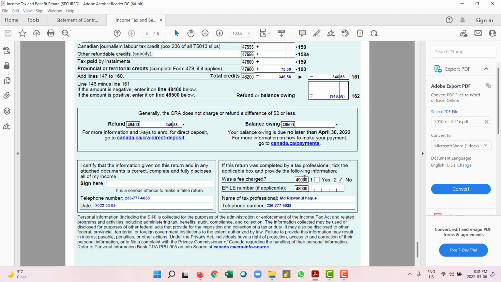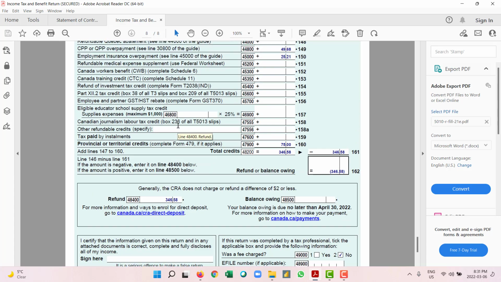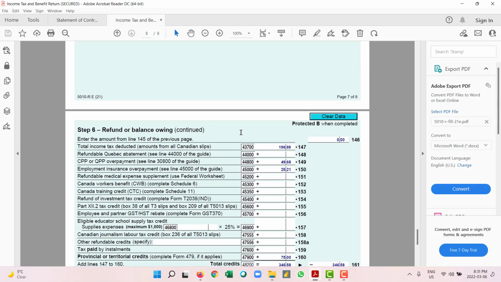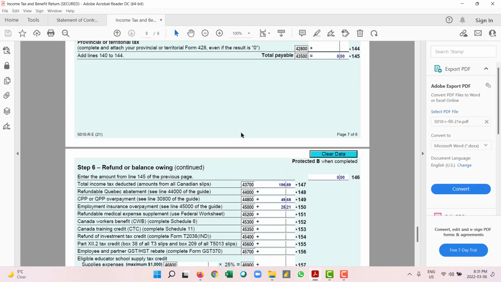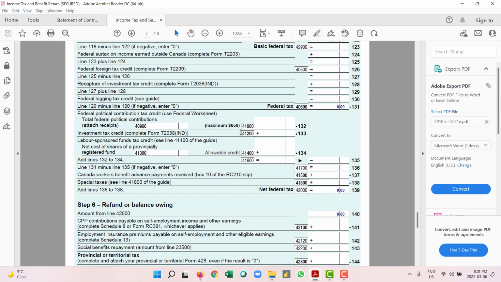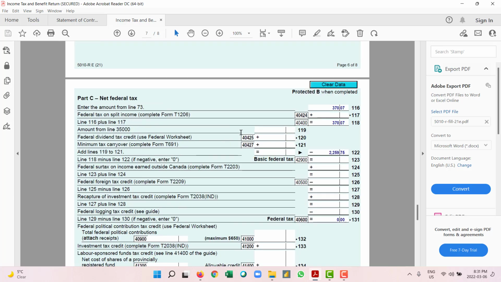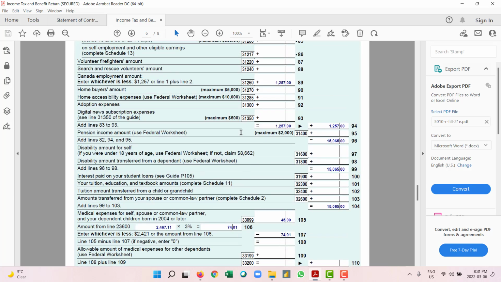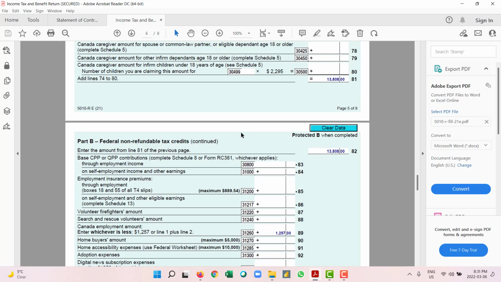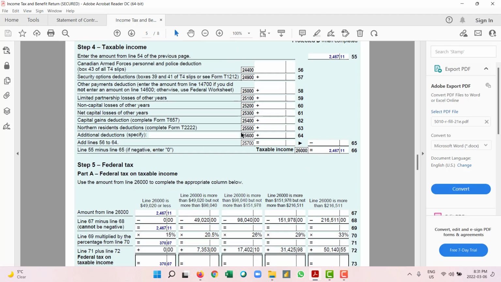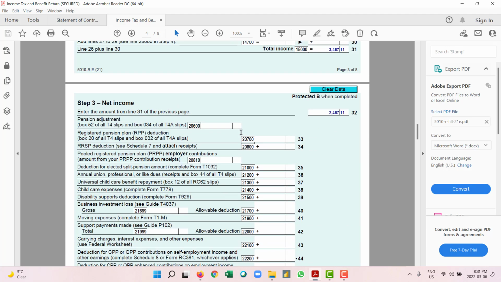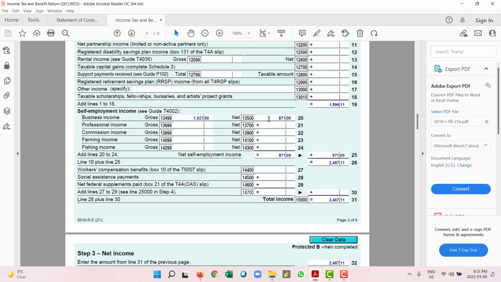I can show you that I filled it up on my income tax. It is 346.58, and I deduct almost for the business purpose amount. Look, for business income, it is 1021 and it's net 871.